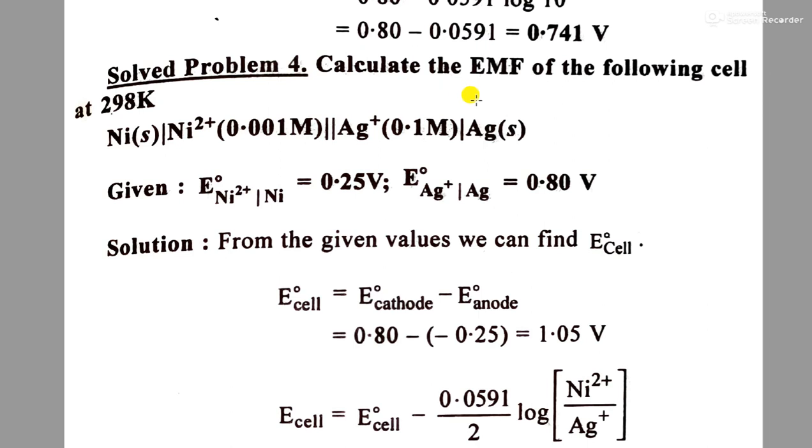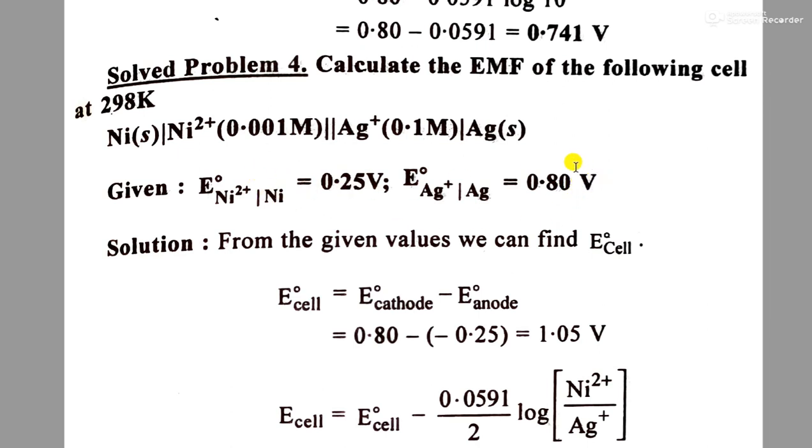This is a complete electrochemical cell, and the E0 for reducing Ni2 plus to Ni is given as 0.25 volt, and E0, the reduction potential for converting Ag plus to Ag, is also given as 0.8 volt.